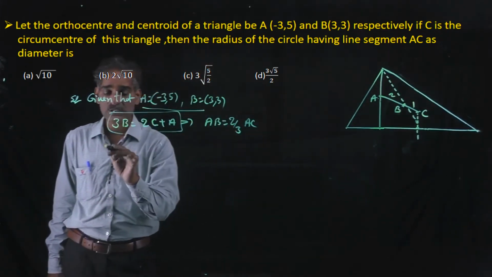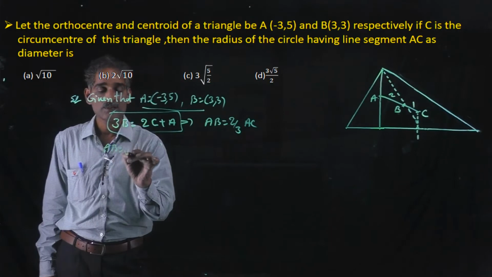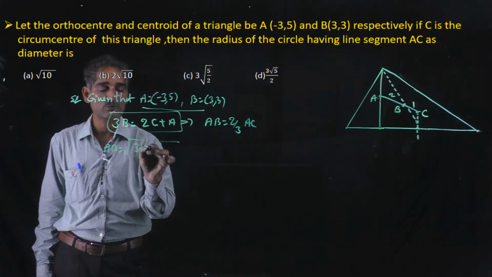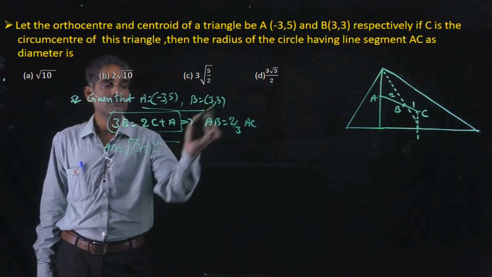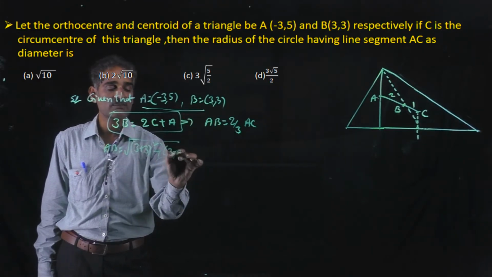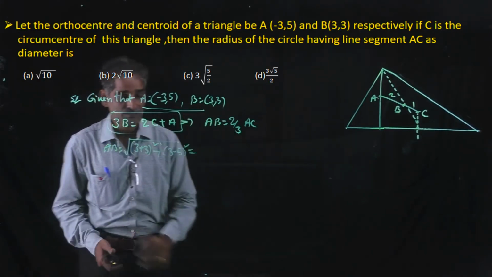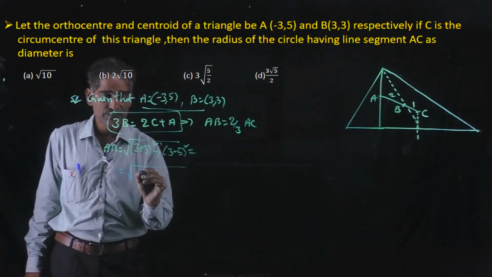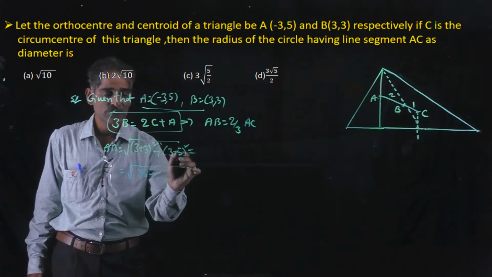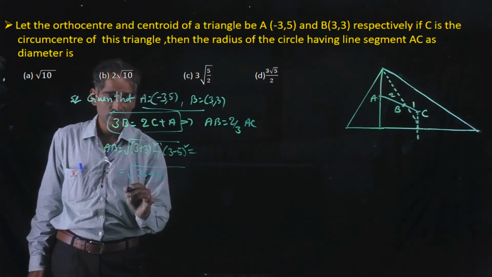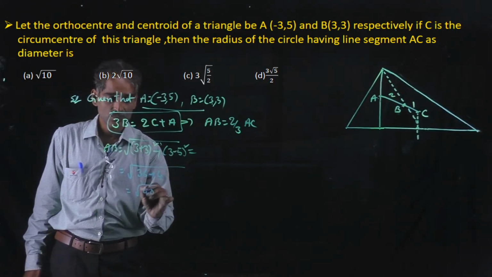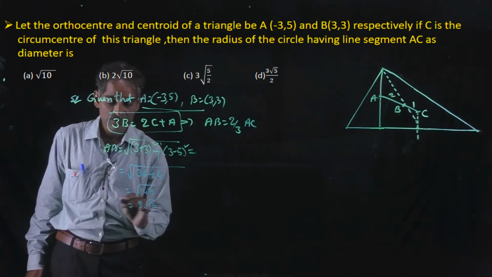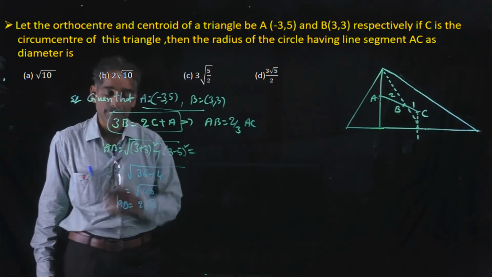So now what is the length of AB? AB is equal to square root of (3 plus 3) whole square plus (3 minus 5) whole square. So now from this we can write what is the length? 3 plus 3 is 6, whole square, 36. 3 minus 5 is minus 2, whole square, 4. That is equal to root 40. We can write 4 into 10, that means 2 root 10. This is the length of AB.